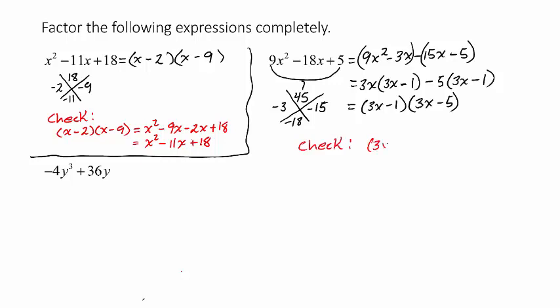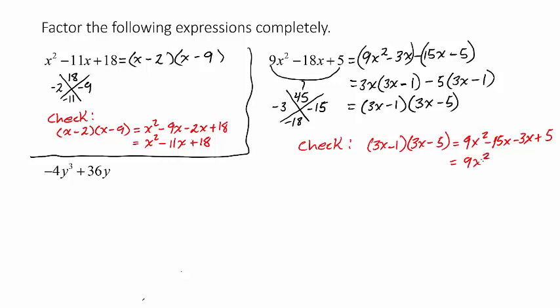Checking this, I'm going to FOIL 3x minus 1 times 3x minus 5. See if we get the original expression. 3x times 3x is 9x squared. 3x times negative 5 is minus 15x. Negative 1 times 3x is minus 3x, and negative 1 times negative 5 is positive 5.